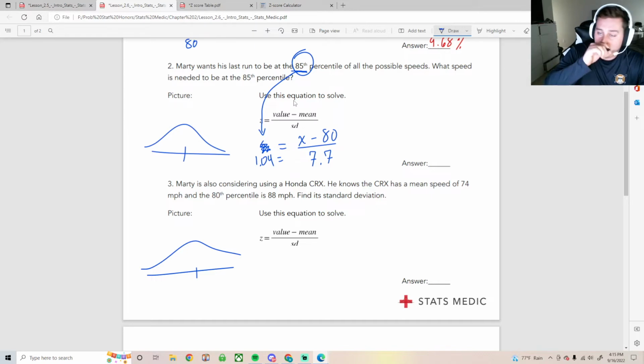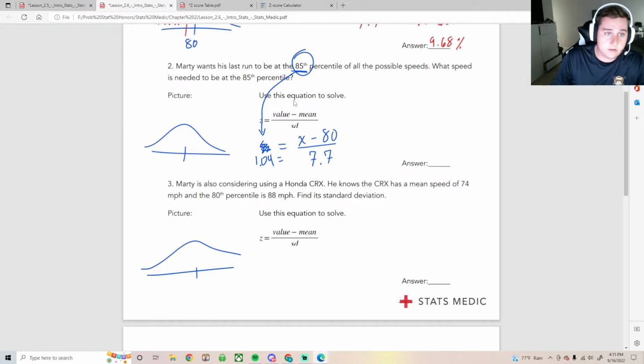Now, you could sit here and solve for x. That's totally reasonable. I will show you how to do that by hand. It is not a big deal. Just to prove that it's not a big deal, we'll do this by hand. So on both sides, you will multiply by 7.7. So it'll cancel out from down here, and then on this side, it'll get multiplied.